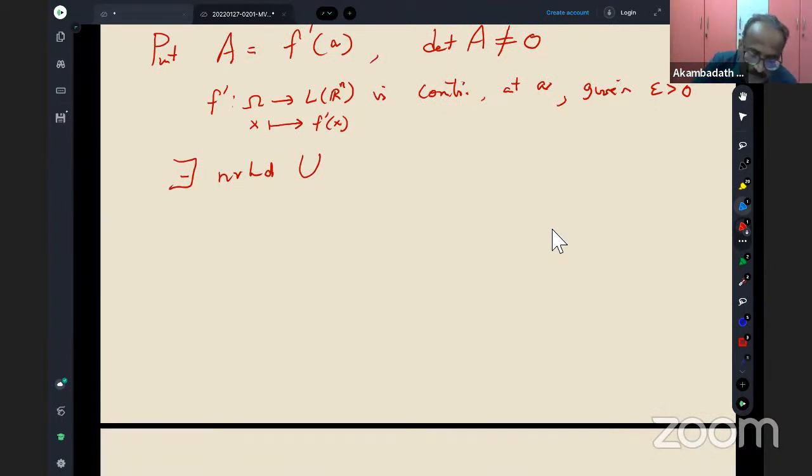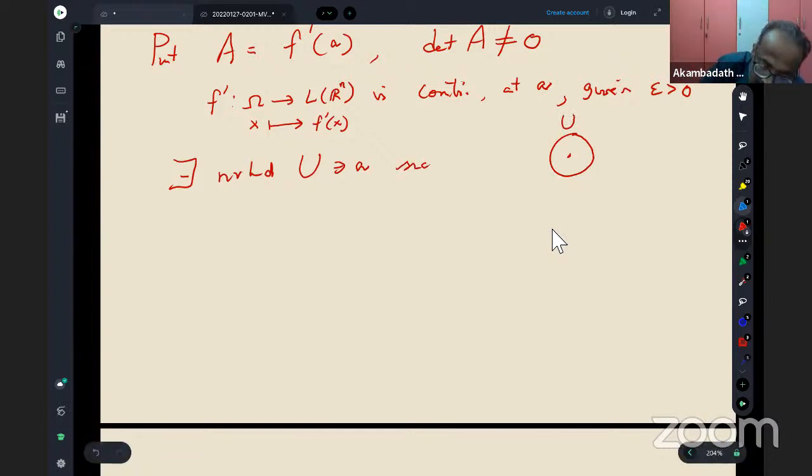If you don't like to write a U as a general neighborhood, it's enough for you to write it as a ball of some radius r. That's a neighborhood. If you don't like it as a general open set, you take it that way. A neighborhood of A. So that's what it says. There exists a neighborhood of A such that F prime is continuous at A. So I can evaluate, this is the continuity of the mapping.